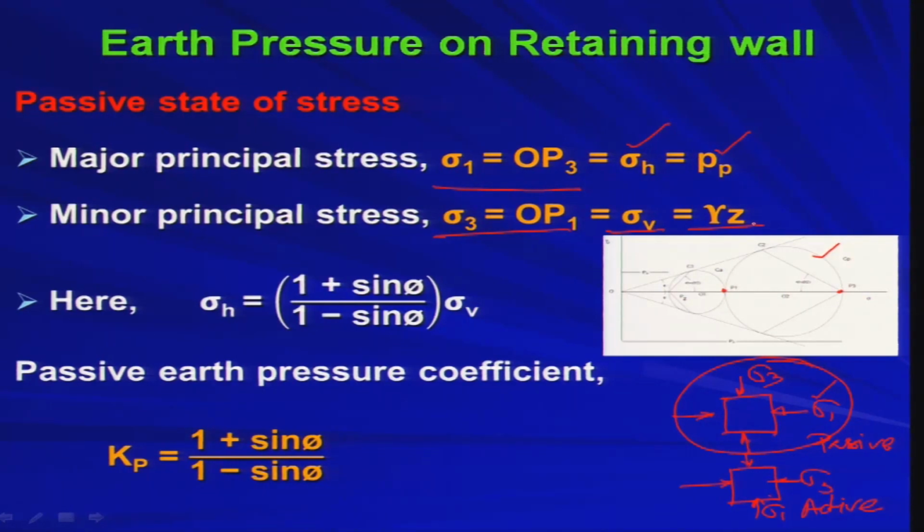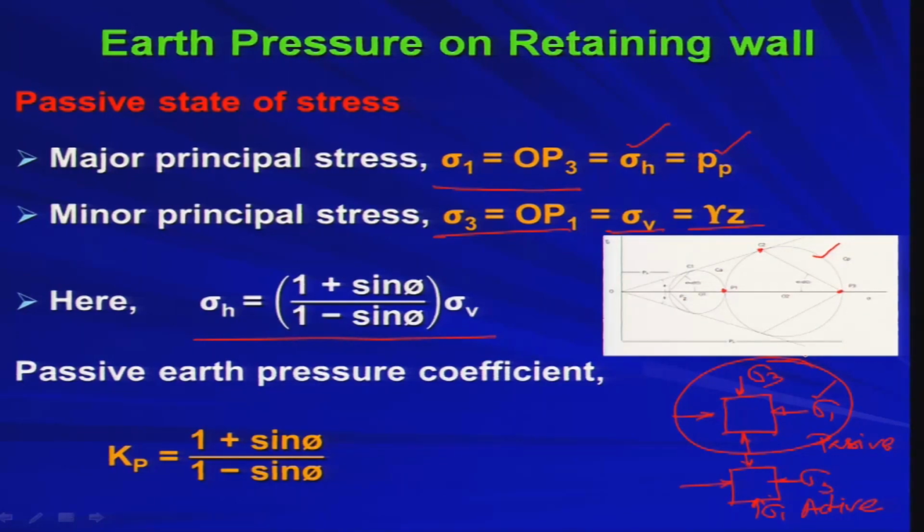So, from this relation, sigma h is equal to 1 plus sin phi. Now, if you see this Mohr circle, this is the point where the passive Mohr circle is touching the failure envelope, that is P3C2. The C2 point is the point where the Mohr circle for the passive case is touching the failure envelope.